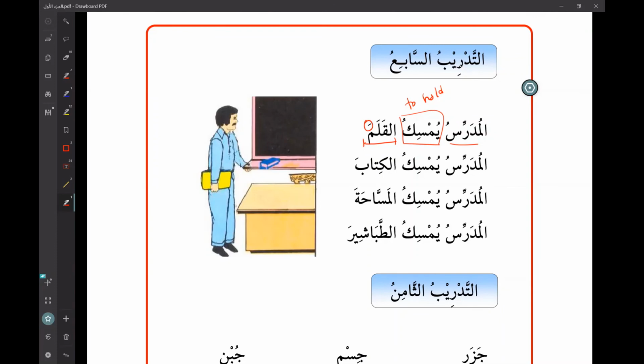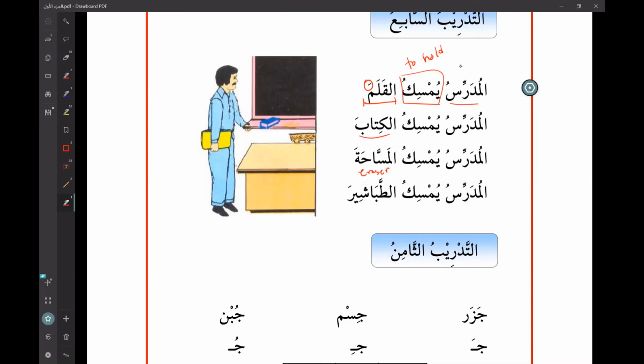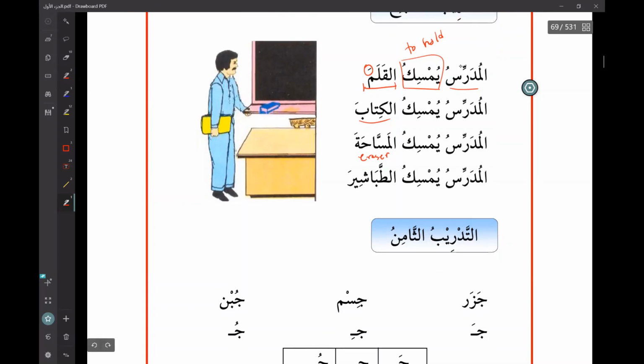Then we have al-mudarrisu yumsikul kitaba. The teacher is holding the book. Al-mudarrisu yumsikul masaha. Masaha is what? Eraser. So the teacher is holding the eraser. Then we have al-mudarrisu yumsiku at-tabashir. At-tabashir is chalks.